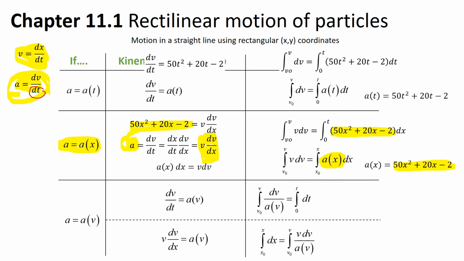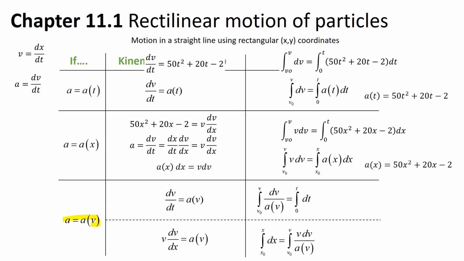And once we integrate this, we can see how velocity changes with position, as well as seeing how acceleration changes with position. So it's very similar to what we saw before. We're just using integration and taking derivatives to go back and forth to see how everything's related to one another.